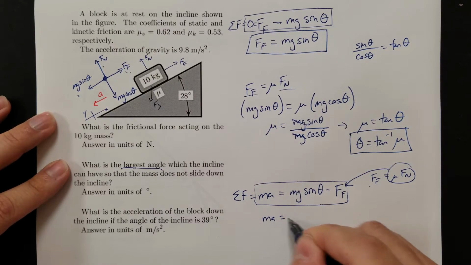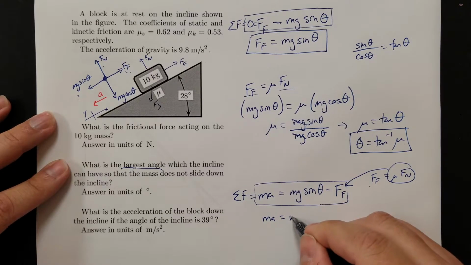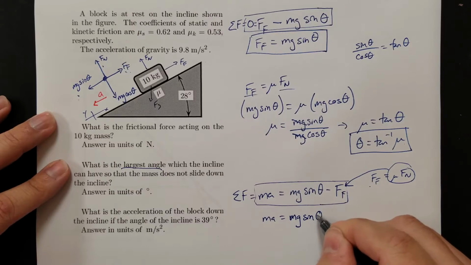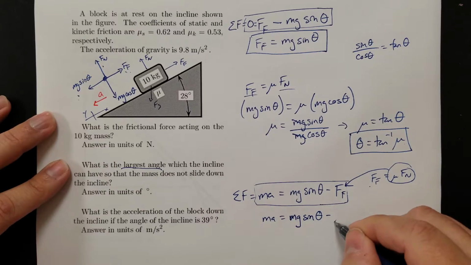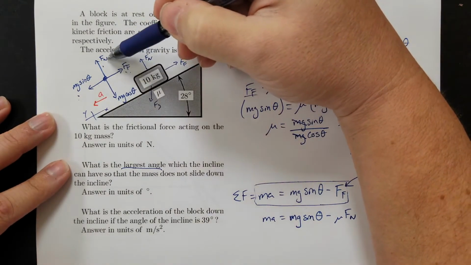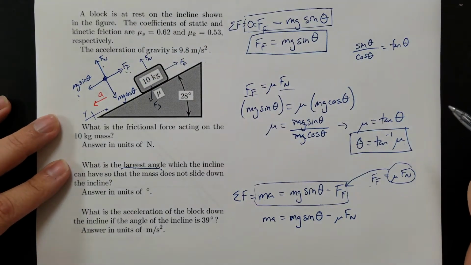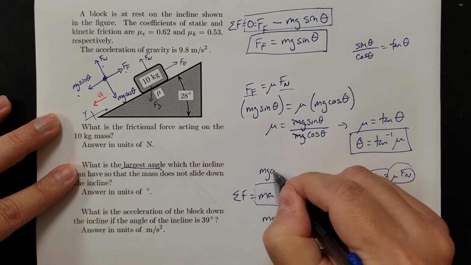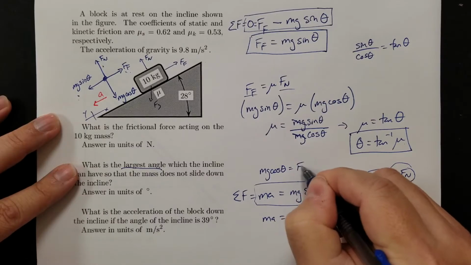So ma equals mg sine theta minus mu Fn. All right, and what else do I know? Fn, from here, I know Fn equals mg cosine theta. So I know that mg cosine theta equals Fn.